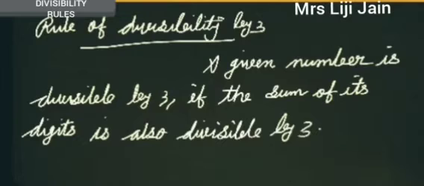That is the rule. Here, I have used "is" because we are speaking about the sum, and sum is singular, isn't it? Sum of its digits is also divisible by 3.